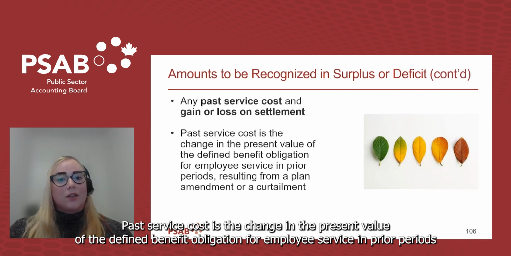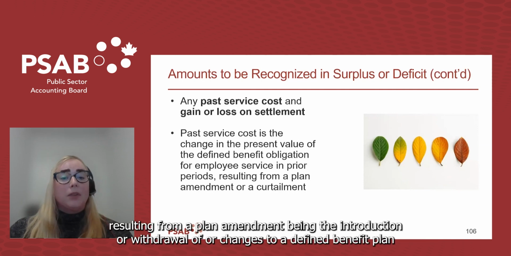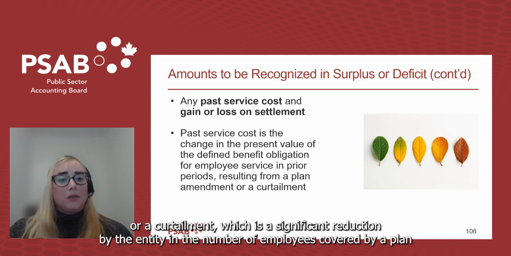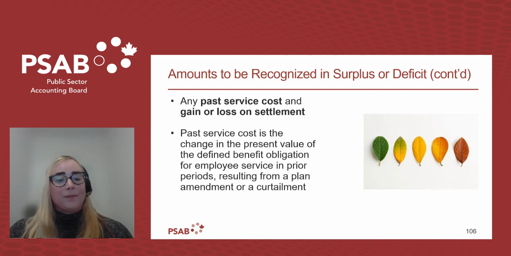Past service cost is the change in the present value of the defined benefit obligation for employee service in prior periods, resulting from a plan amendment, being the introduction or withdrawal of or changes to a defined benefit plan, or a curtailment, which is a significant reduction by the entity in the number of employees covered by a plan.